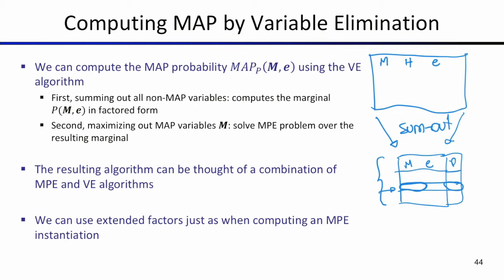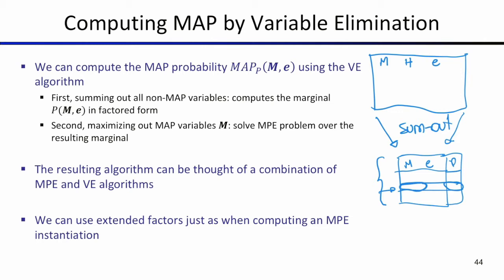So we can think about this procedure as a composition of the MPE and VE algorithms. We start with the traditional variable elimination algorithm and we eliminate the hidden variables, and we conclude with the MPE algorithm where we eliminate the MAP variables using maximization.